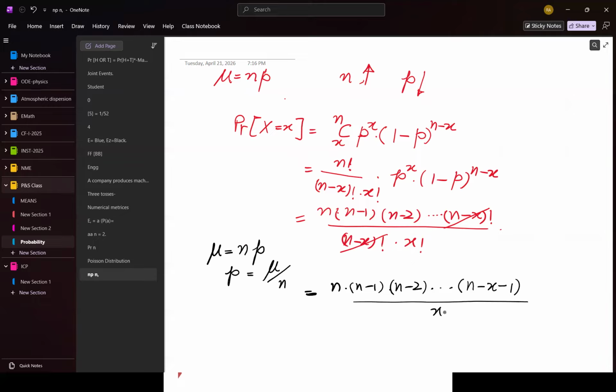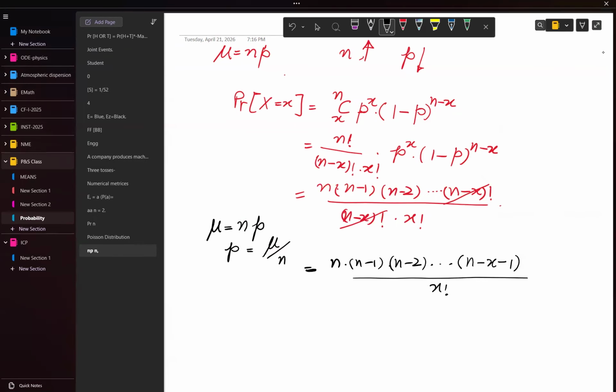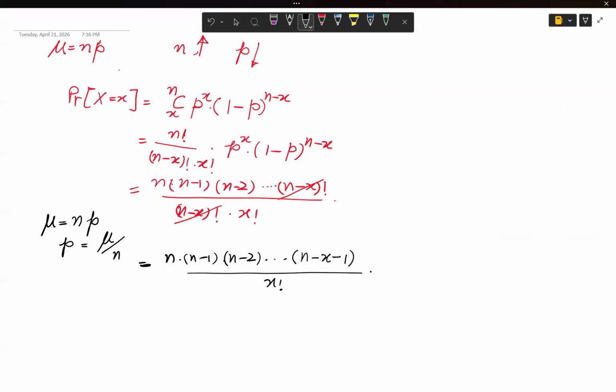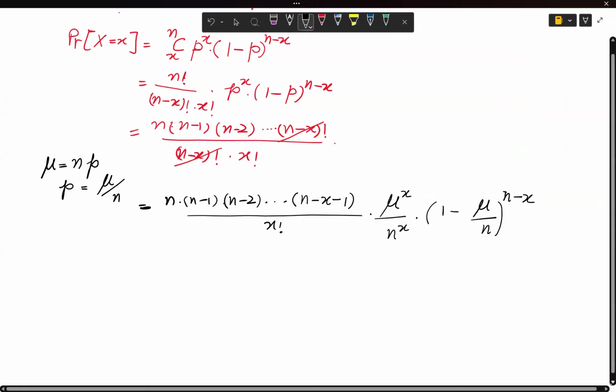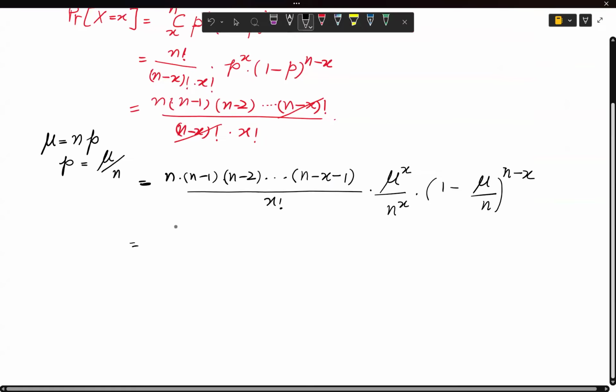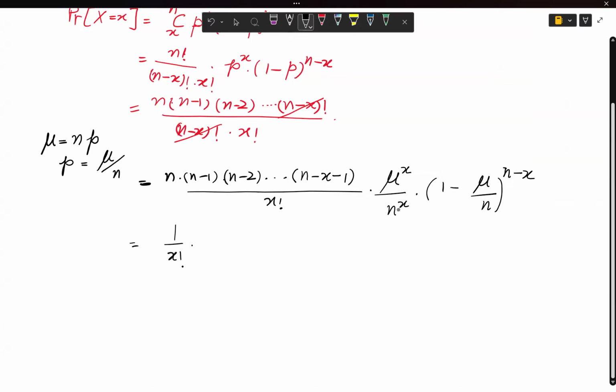And over here we have the x factorial, and p is replaced by mu raised to the power x over n raised to the power x. So mu by n. And over here it is 1 minus mu by n raised to the power n minus x. Okay, so 1 over x factorial, and this is n raised to the power x.